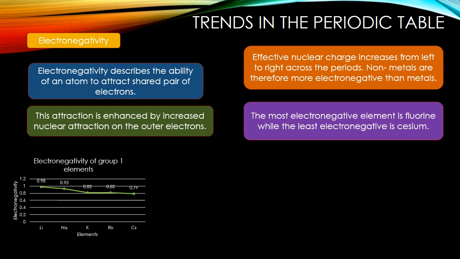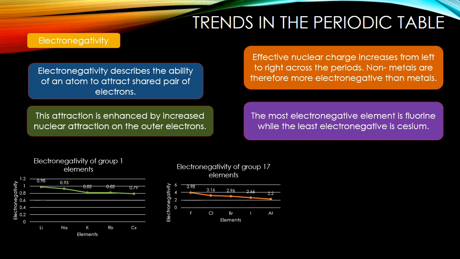Group 1 elements. Lithium has a value of 0.98, cesium has a value of 0.79. It decreases consistently from lithium to cesium. Group 17 elements, fluorine has a value of 3.98, astatine 2.2. This means that increased shielding lowers electronegativity.